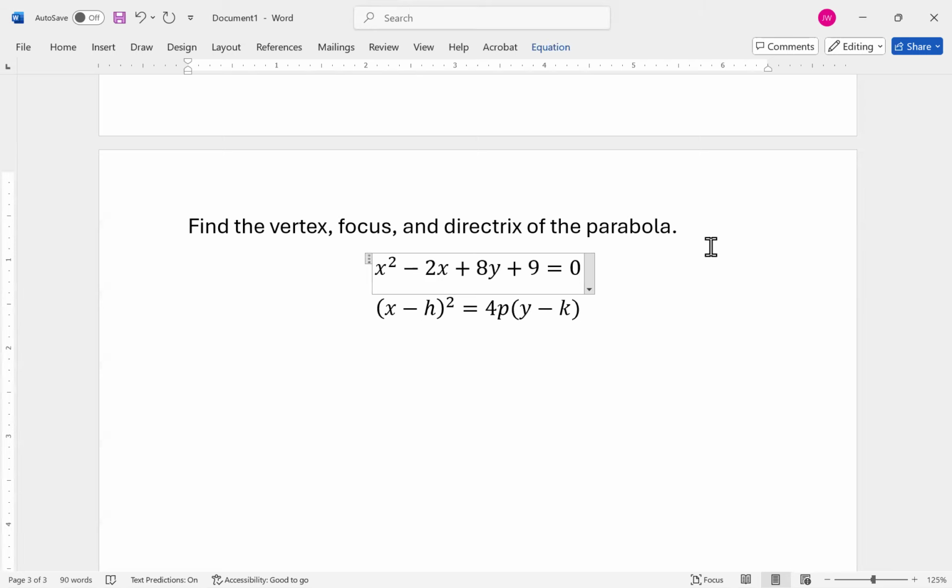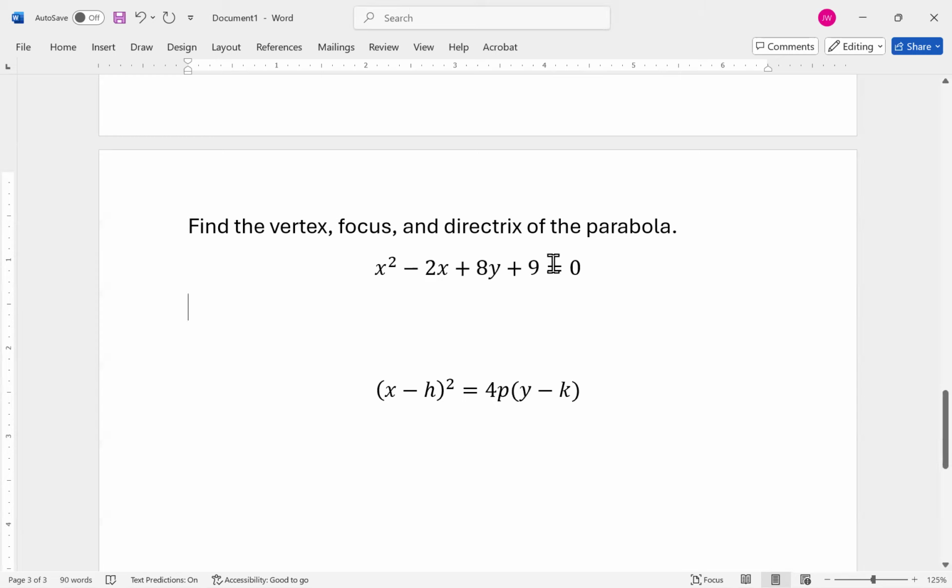That's the one that's going to force the parabola to be pointing up and down. Up when p is positive, down when p is negative. So I need to transform my equation into something that looks like this.